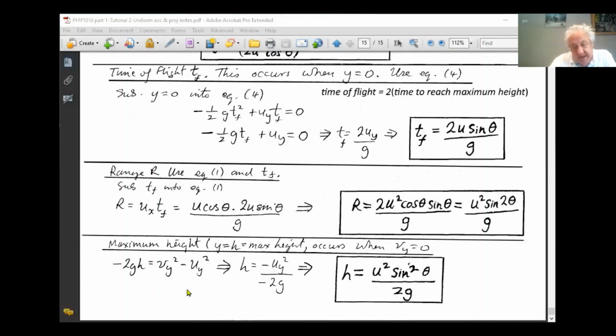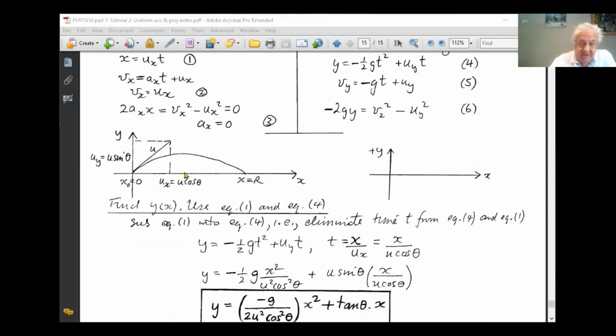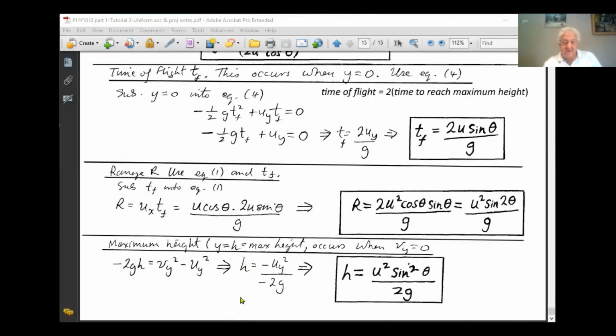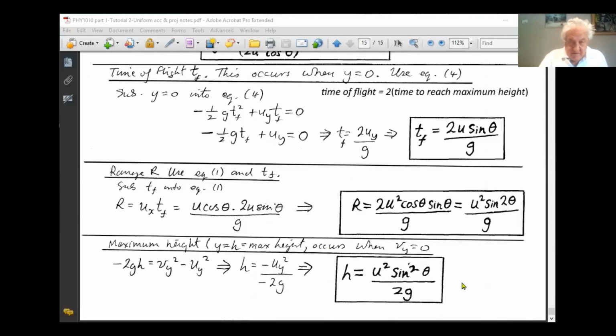Finally, the maximum height is given by this formula. The maximum height reached is from there to there. Again, I'll leave you to derive it. It's only a few steps. The majority of the steps are for the first formula. Okay, that concludes my revision notes. And let me say bye-bye until the next tutorial.